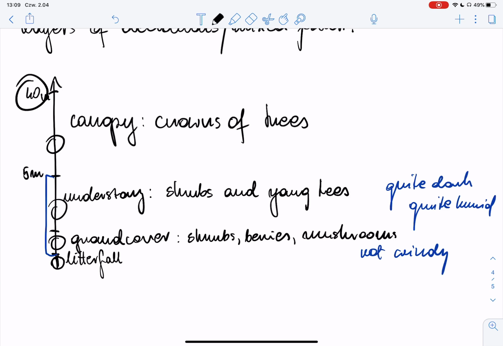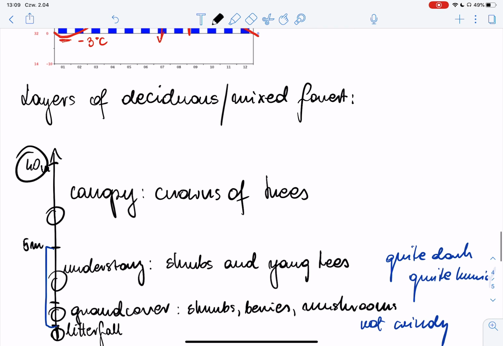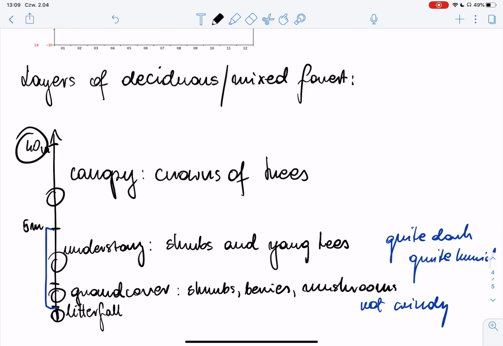As you can see, it stretches to 40 meters only. Also, in the tropical rainforest, the vegetation happens throughout the year without any stop. In the case of a deciduous or mixed forest of the temperate climate zone, it happens for a certain period of the year.